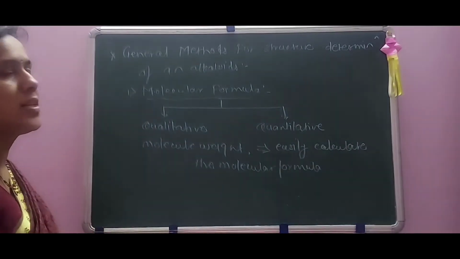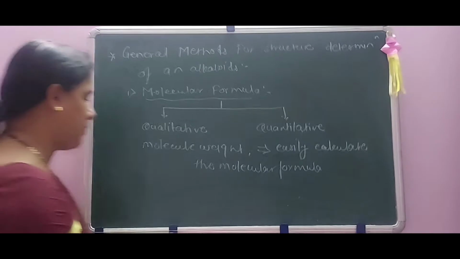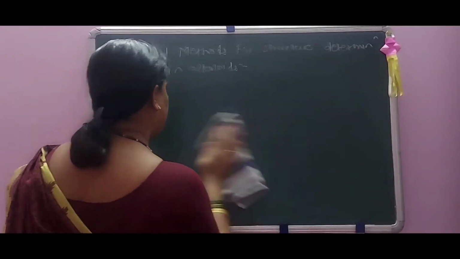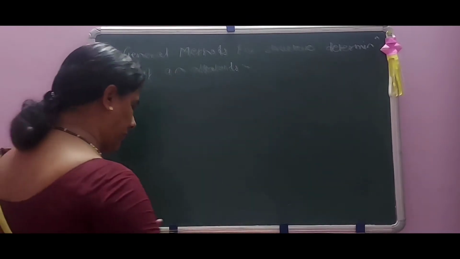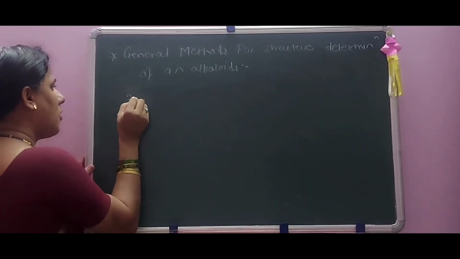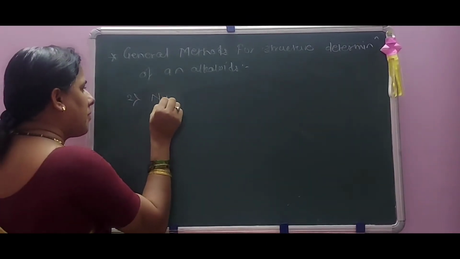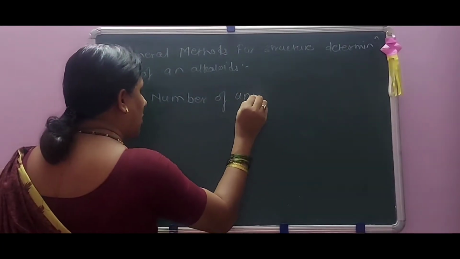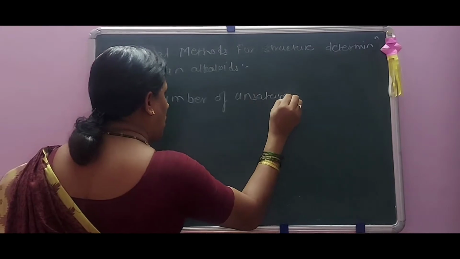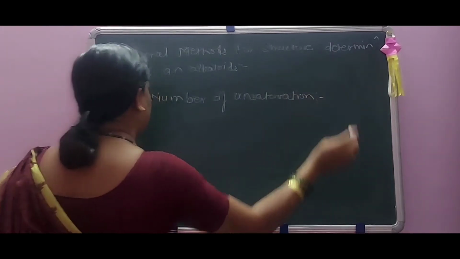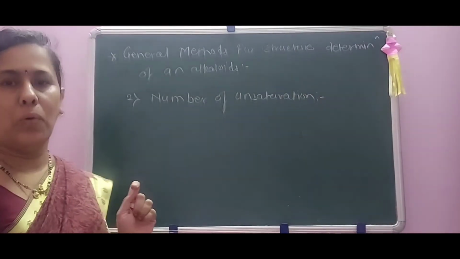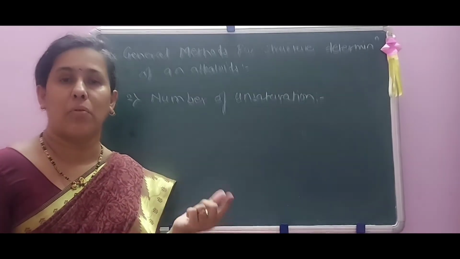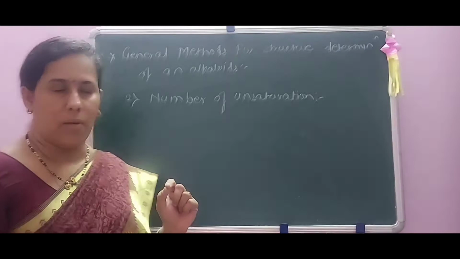Now the second point is the number of unsaturation. Already we know that unsaturation means the compound contains a double bond.